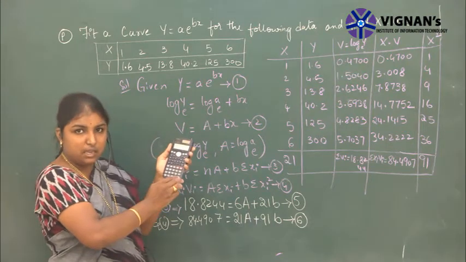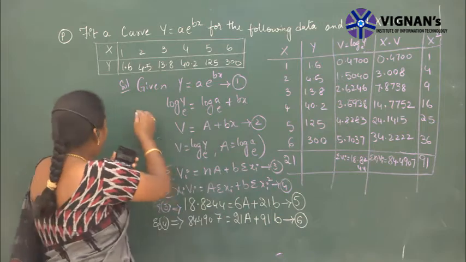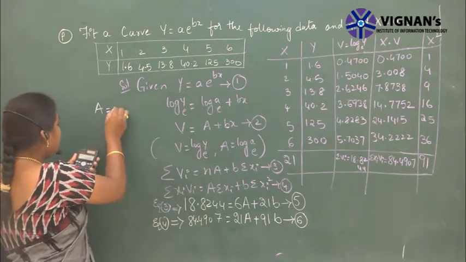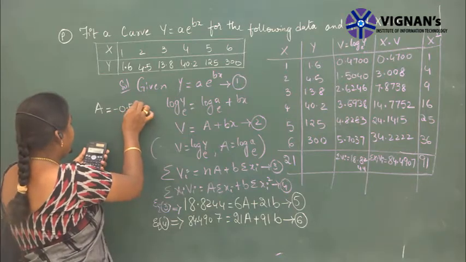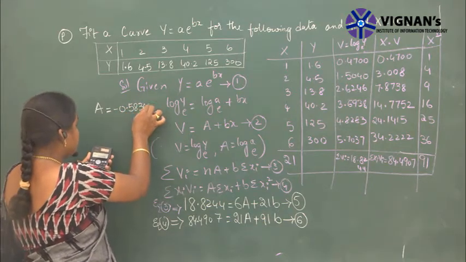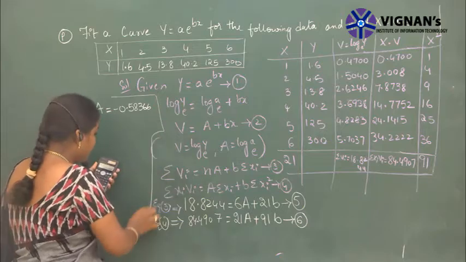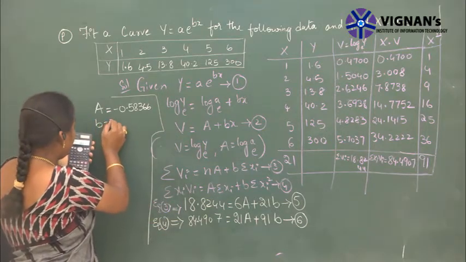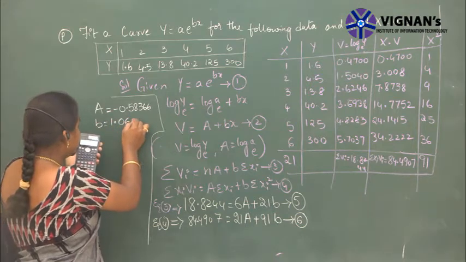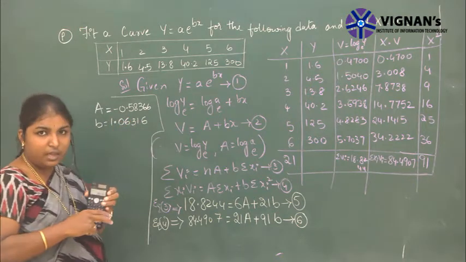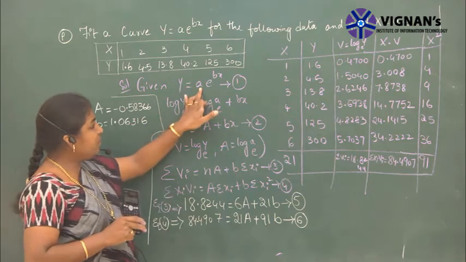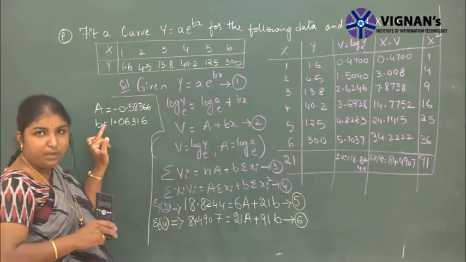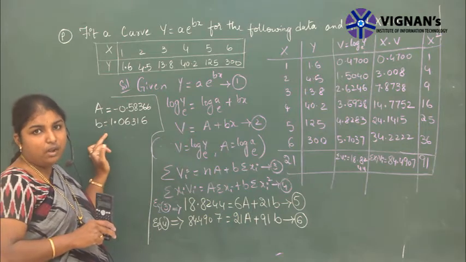84.4907. Press equal to, we get capital A is equal to minus 0.58366. Next, press equal to, we get small b value 1.06316. Okay, but for equation 1 we want small a and small b. Already we have small b, now we want to find small a.